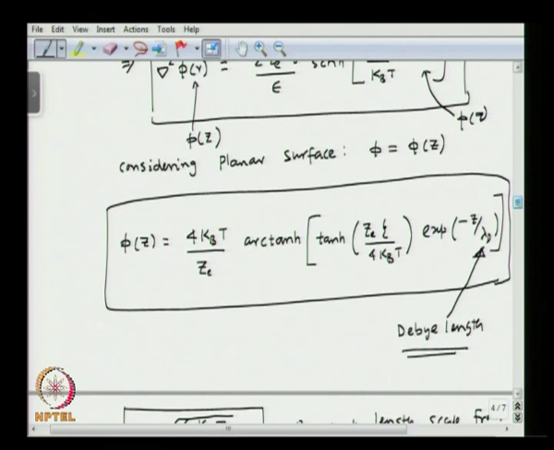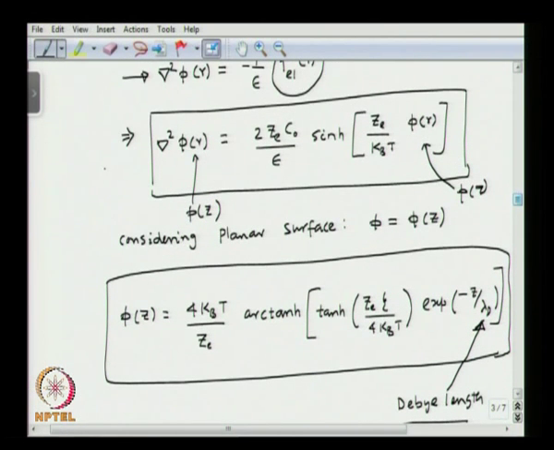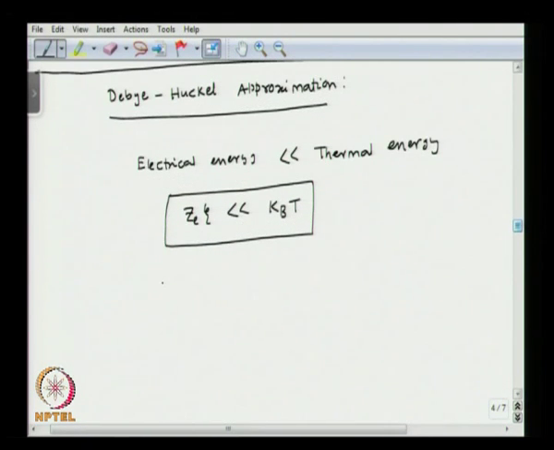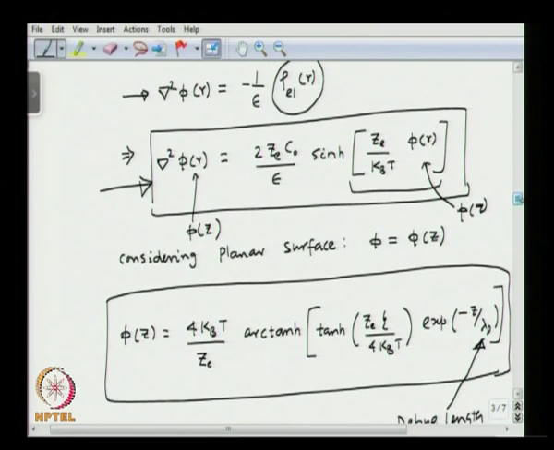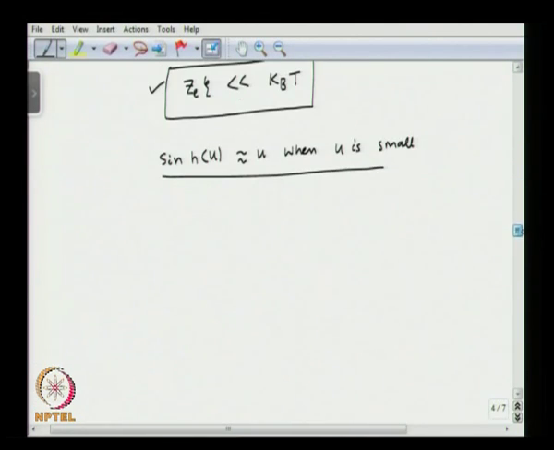what we see here is sinh of some term, and we know that sinh u will be equal to u when u is small. So if you impose this condition coming from the Debye-Huckel approximation on this equation, then we can simplify the equation for the potential.